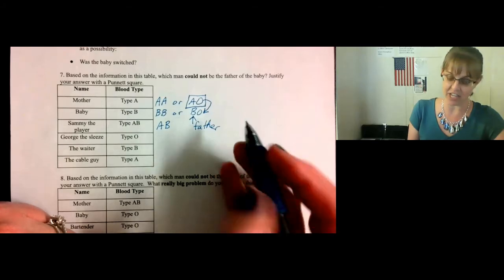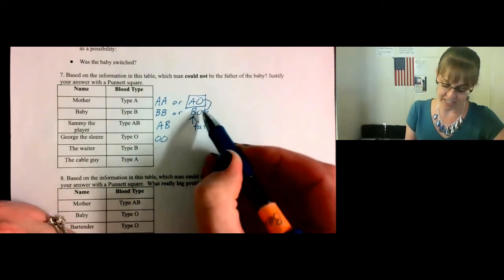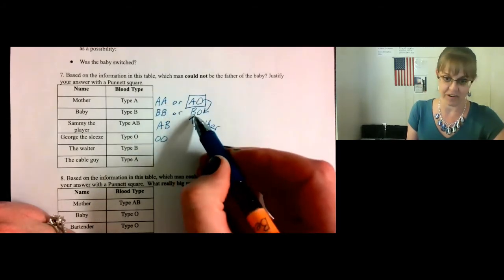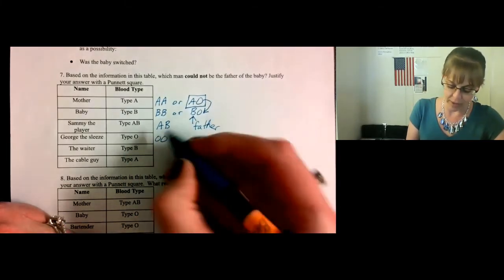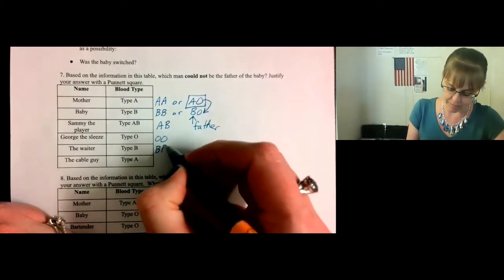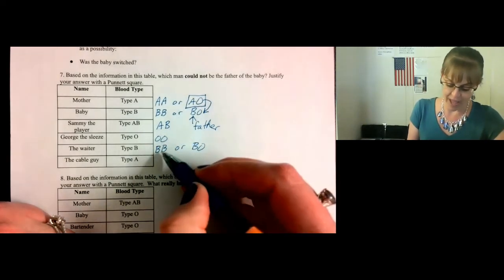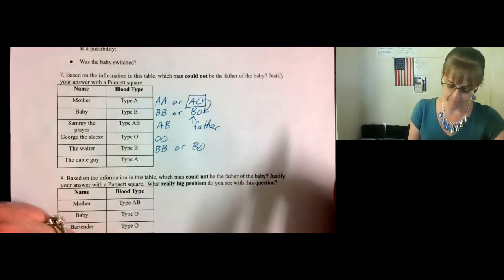George the sleaze has type O, he's OO only, and if he passed on his O, then the mom, yeah, that A isn't going to work. So they could not have had this baby. The waiter is type B, that could be BB or BO, and either way, the father could pass on the letter B. So he's a possibility.